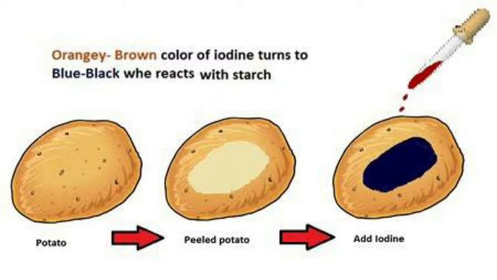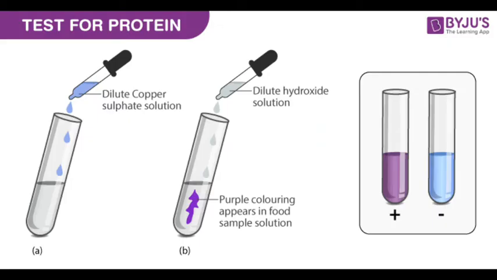Okay, children. See, clearly you can see the orangey brown color of iodine turns to blue black when it reacts with starch. Now we'll see the test for proteins. Here, in this picture, you can clearly observe sample A. The solution is taken from a food, and to it the diluted copper sulfate solution is added drop by drop.